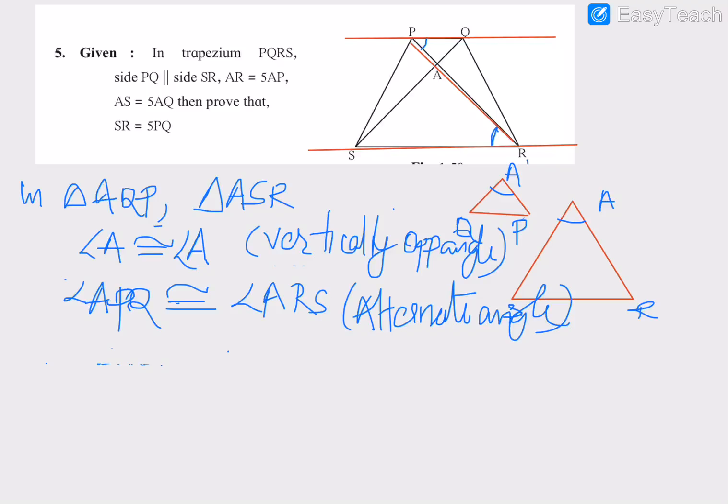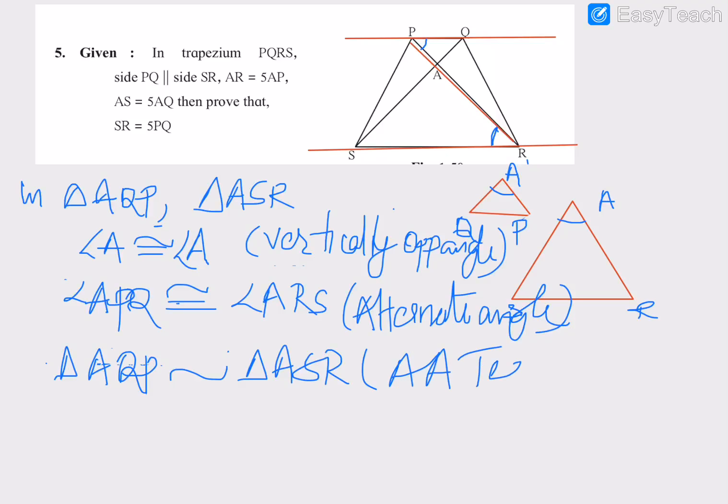So we got two angles congruent. So by the angle test we can write that the two triangles are similar. So triangle AQP is similar to triangle ASR.